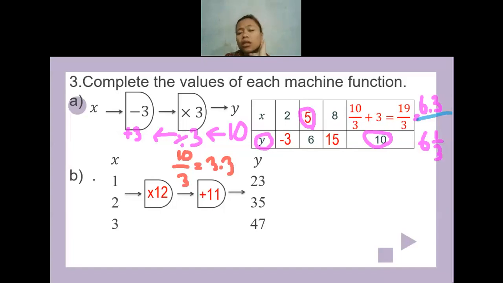Which one is the question? The term to term rule, the anthem, or the position to term rule? It's like this one, teacher. In B, can you see B? The question 3b that I should... Yeah, now I'm going to discuss the 3b. Times 12 plus 11, right, sir? Nah, it's not that one. It's the other one. So like position number times something plus something. Yeah, that one I cannot figure it out.